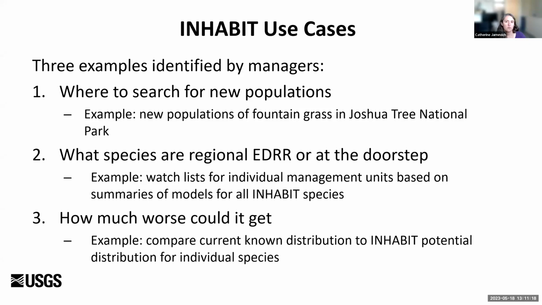So I want to just walk through 3 different INHABIT use cases, and these are ones that have been identified by land manager partners. And so these use cases include where to search for new populations. So I have an example of where new populations of fountain grass were found in Joshua Tree National Park. Another use case is what species are regional early detection rapid response species, or what species may be at the doorstep of a unit.